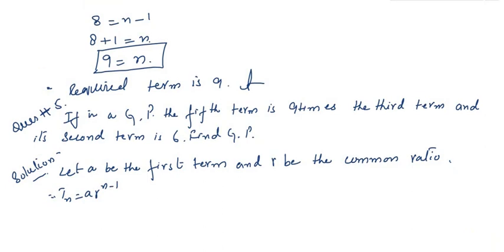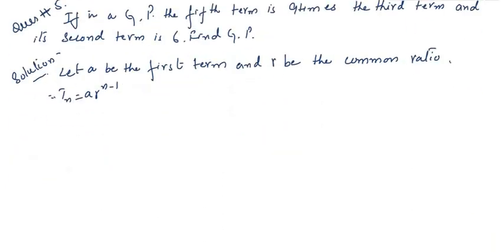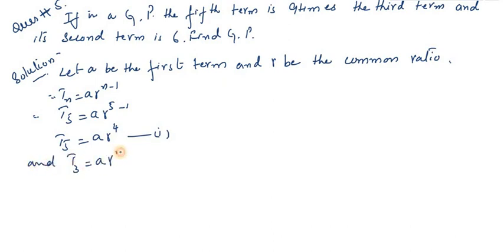So first we define the fifth term. Therefore the fifth term is A r to the power 5 minus 1. Fifth term is equal to A r to the power 4. This we say equation number 1, and the third term is A r to the power 3 minus 1. So the third term is A r square.